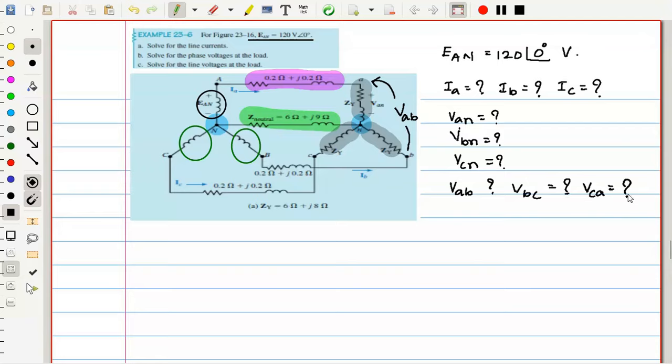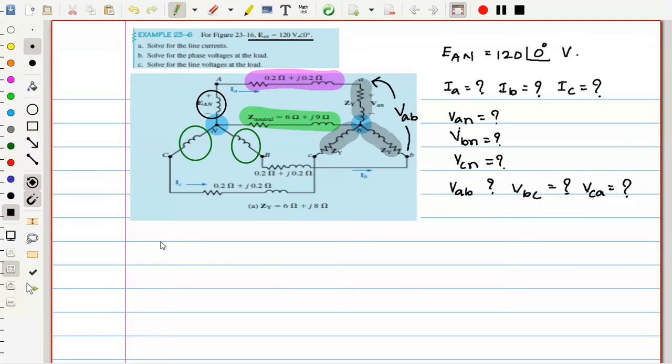So these are the three line voltages at the load. Generally, load-related quantities are suffixed with small case letters, and source-related quantities with capital letters. That is a general adoption, but it is not mandatory.